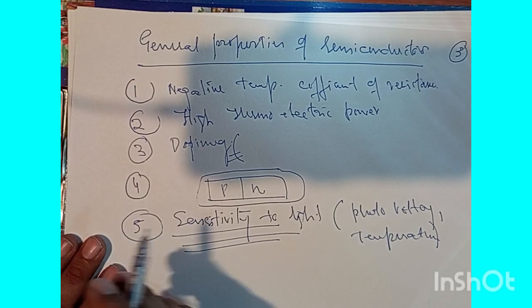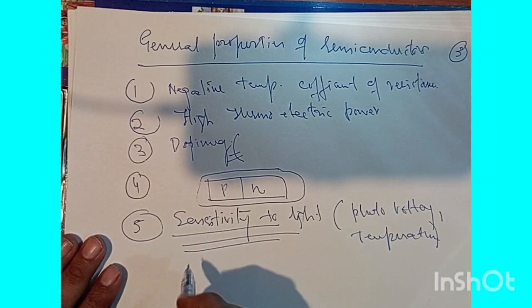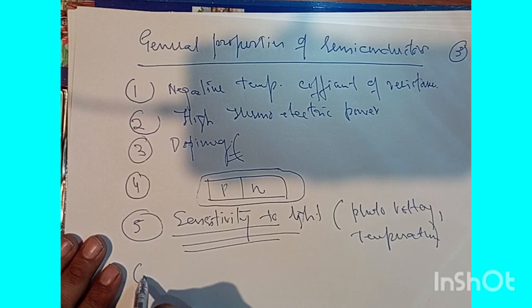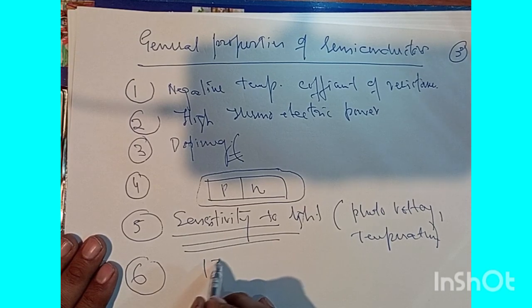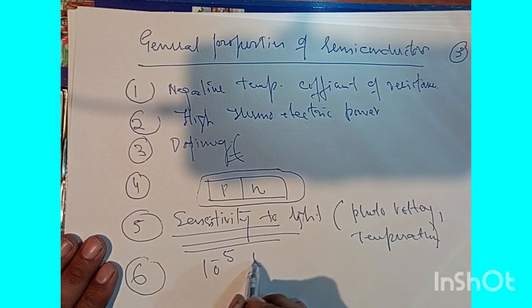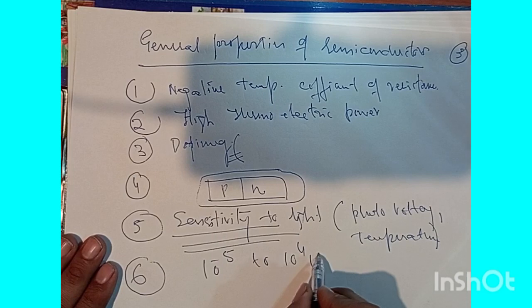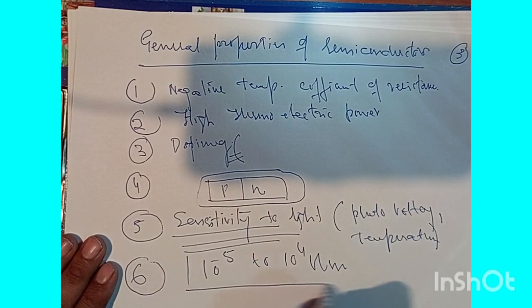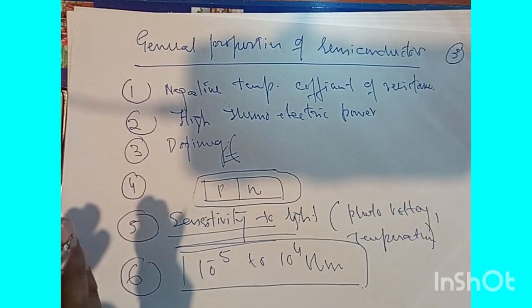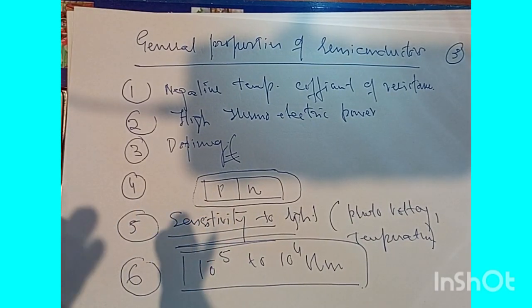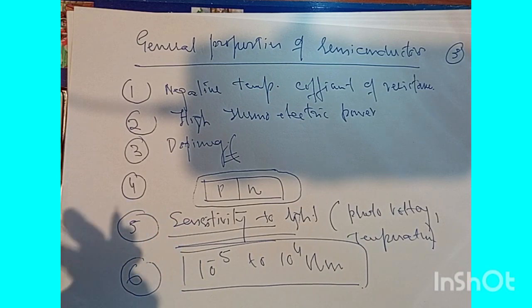The next important point is that their resistivities typically range from 10 to the power of minus 5 to 10 to the power of 4 ohm meter. So these are some of the important general properties that are linked with these semiconductor materials.